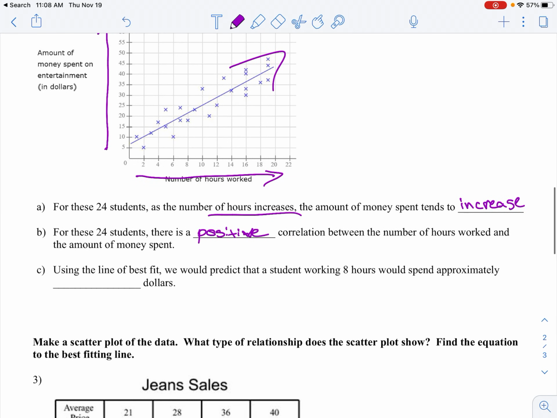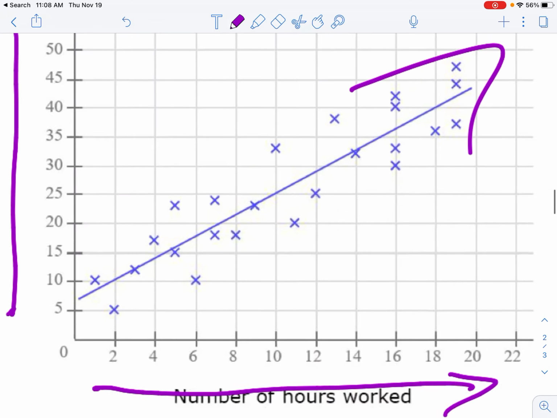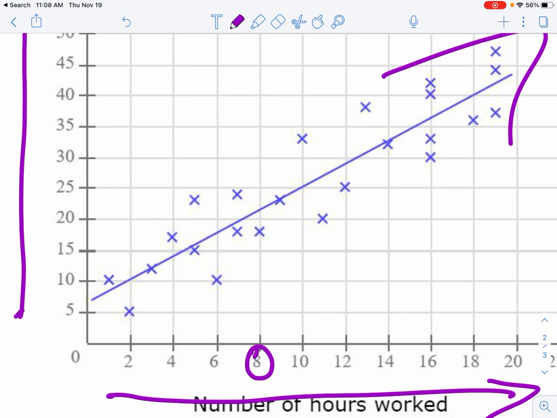Using the line of best fit, we would predict that the student working 8 hours would spend approximately how many dollars? So 8 hours. I'm going to zoom in here. Here's my 8 hours right down there. Now there is a student right here that worked 8 hours. Does that mean every single student that works 8 hours is going to spend this much money? Well, the answer to that is no. We have to go to our line of best fit to, again, predict.